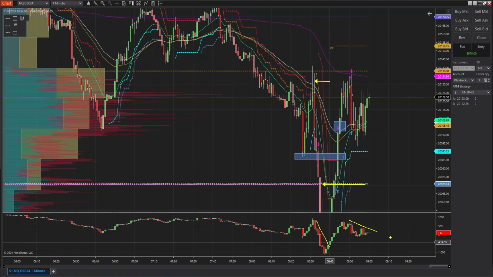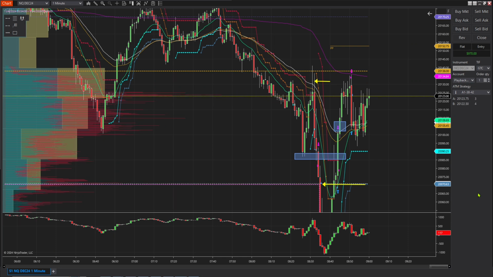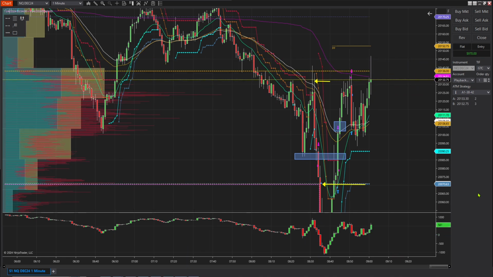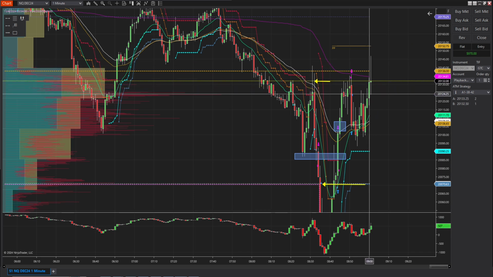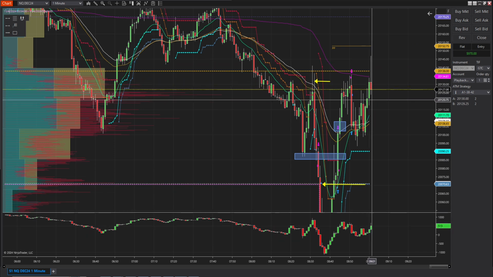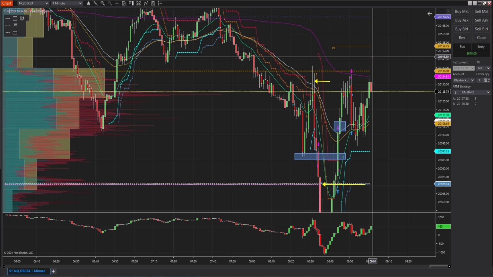If it goes like this, so this is the 9 o'clock bar, and that is why there was so much range.